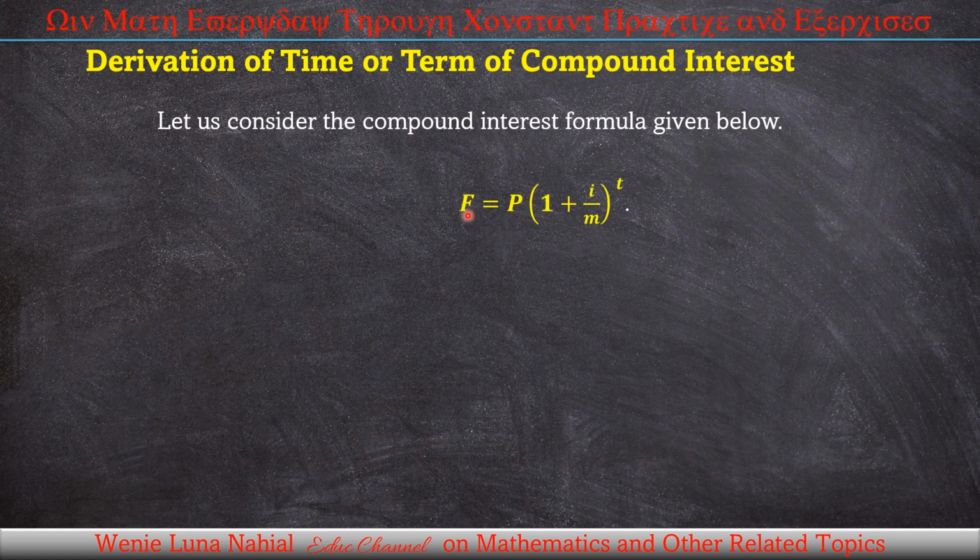So we have here F equals P times the quantity 1 plus i over m. This quantity is raised to t.